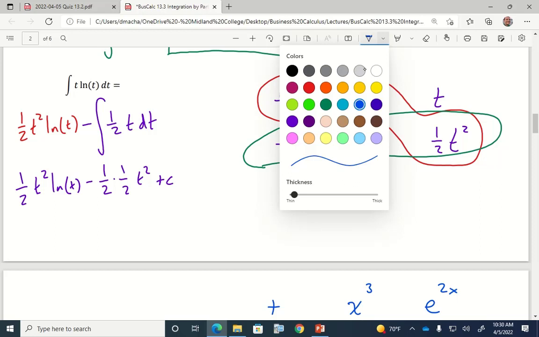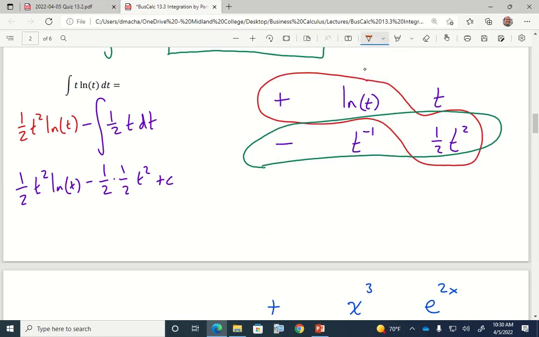I'll choose a new color. And so if I had the same table but the logarithm was on the right and t was in the middle, what would happen? So the t goes to 0 eventually. That's good when I take derivatives.